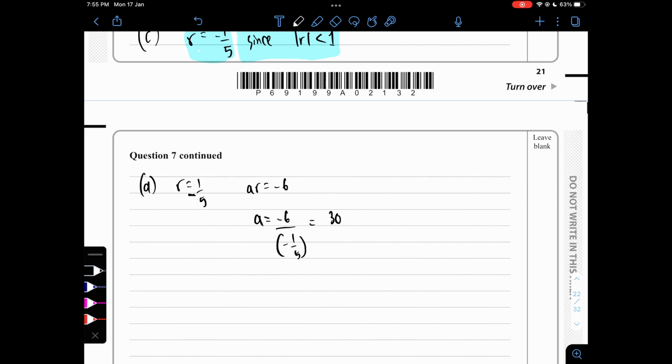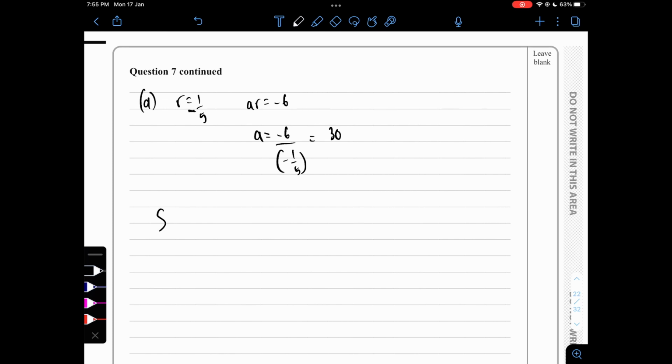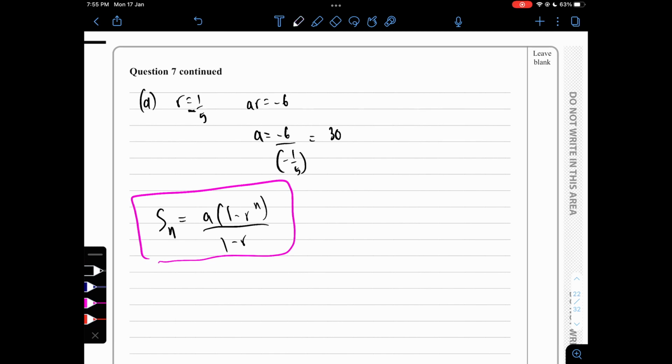Now to find the sum, the formula is a times 1 minus r to the power n, over 1 minus r. Gonna box it. So this is what we're going to use. Let's substitute it. S of 4, the first 4 terms, will be a is 30 multiplied by 1 minus r, r is minus 1 over 5, to the power of 4, all over 1 minus minus 1 over 5.